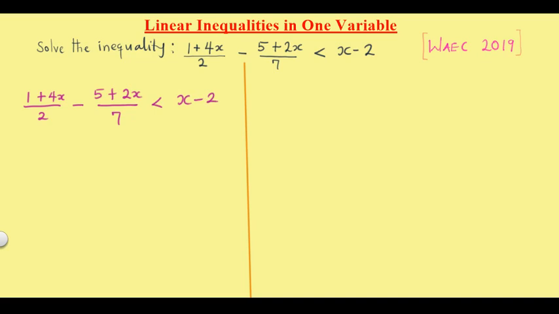Although there are several ways of approaching this, in a simple way, let's look at the LCM of 2 and 7. The LCM of 2 and 7 will give us 14.